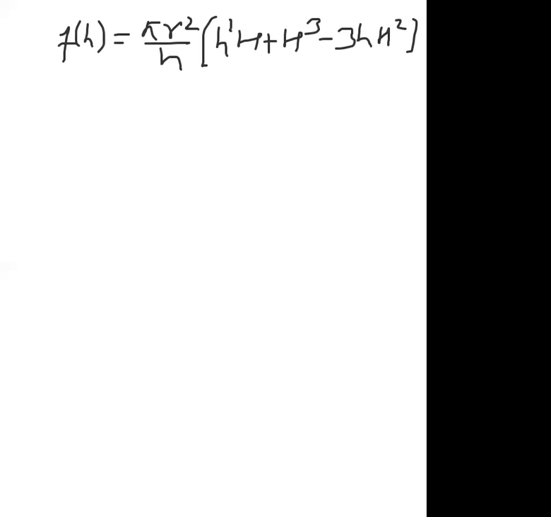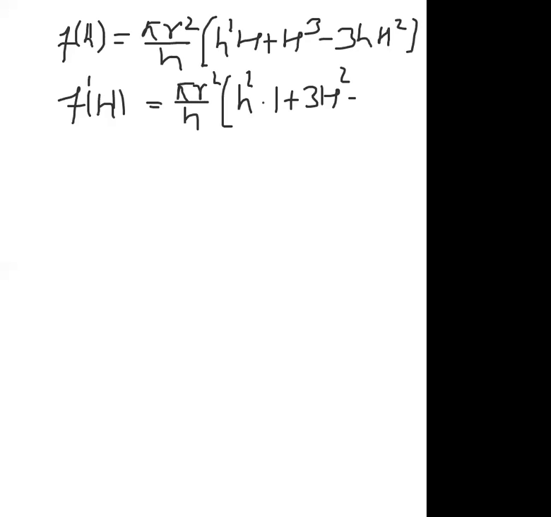Now we need to calculate V dash H. It will be pi r square upon h square times h square into 1, plus 3H square minus 4hH. Up to this, I don't think there is any problem.